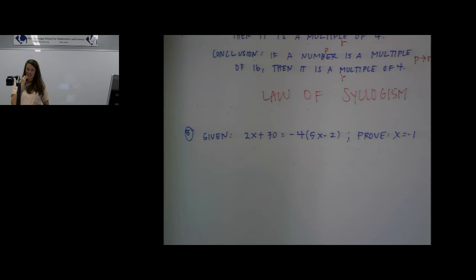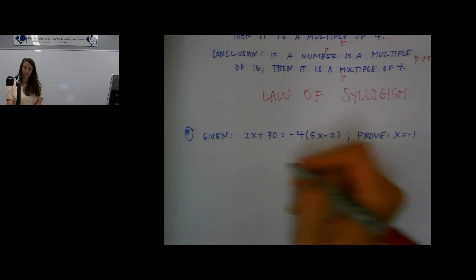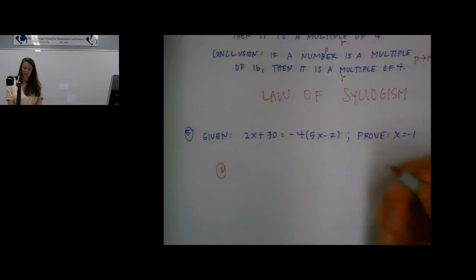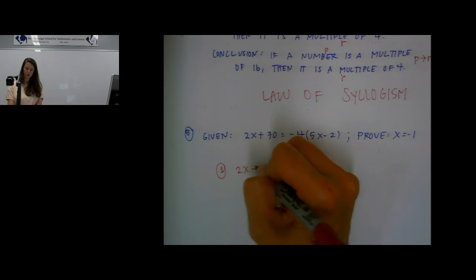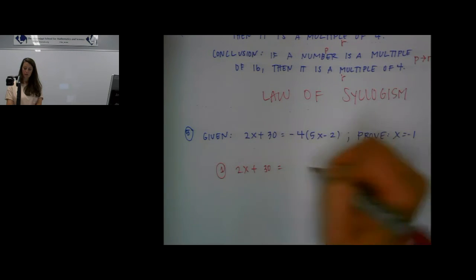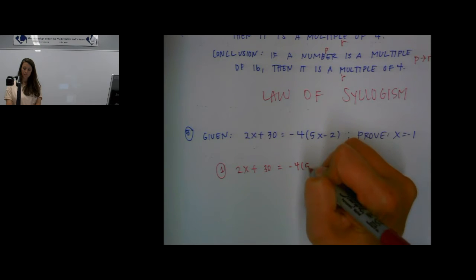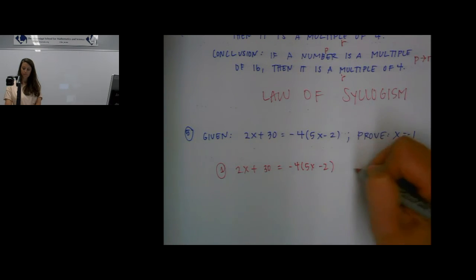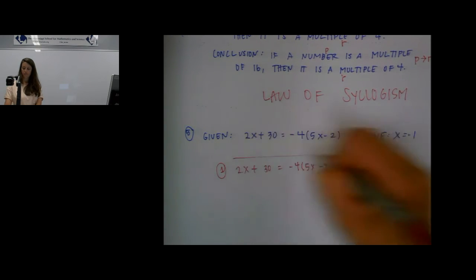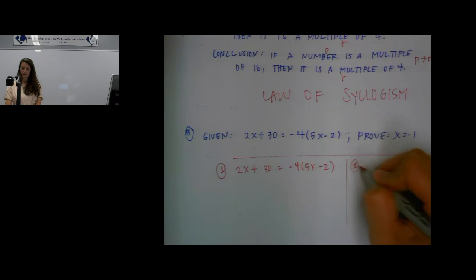So 2x plus 30 is equal to a negative 4 times 5x minus 2. The first step is to just write it out. So that is given.